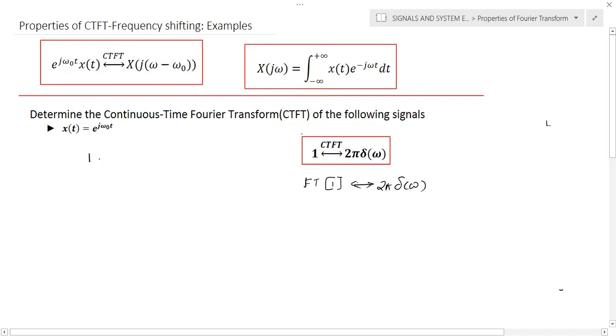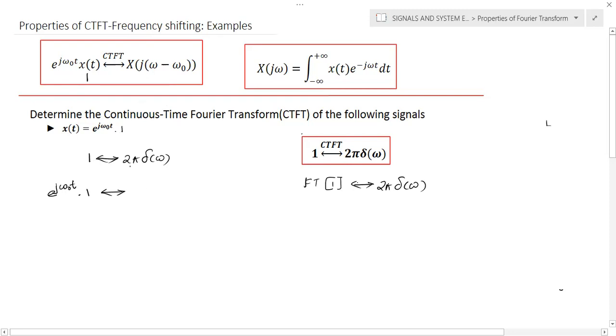Because we know that the Fourier transform of 1 is 2 pi into del of omega, and you can write this term as e raised to j omega 0 t into 1. If you multiply 1 with e raised to j omega 0 t, then you can apply the frequency shifting property. Here x of t is equal to 1, so the final result will be the shifted version of the transform.